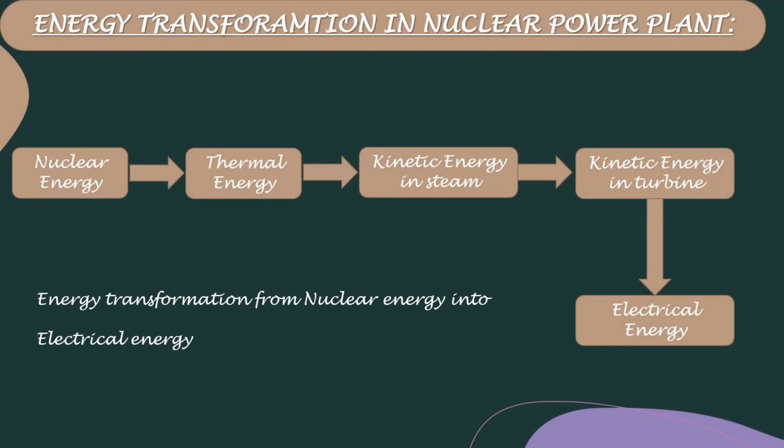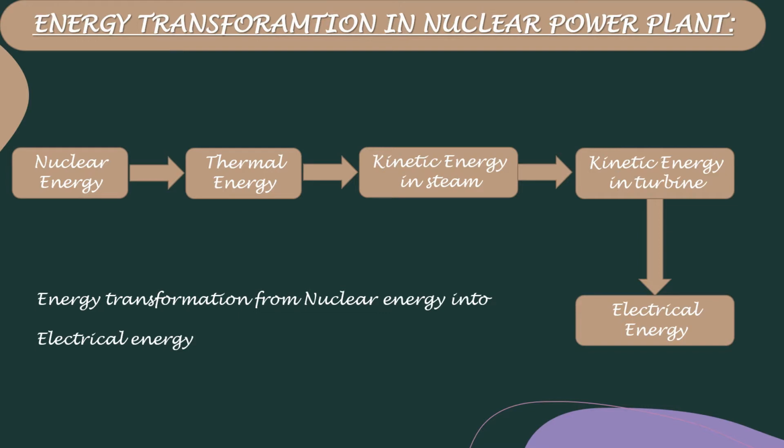Students, now let's understand about the energy transformation in nuclear power plant. Now in a nuclear power plant, uranium or plutonium are used as fuel. Then during the fission of nuclei of atoms like uranium or plutonium, the nuclear energy is converted to thermal energy. Then this thermal energy is used to heat the water present in a boiler.